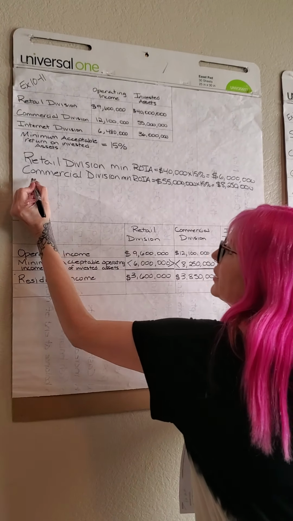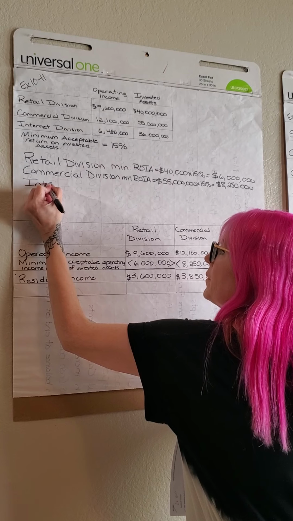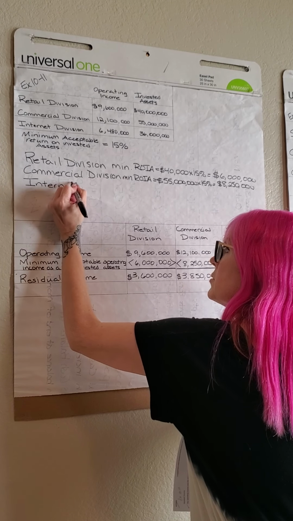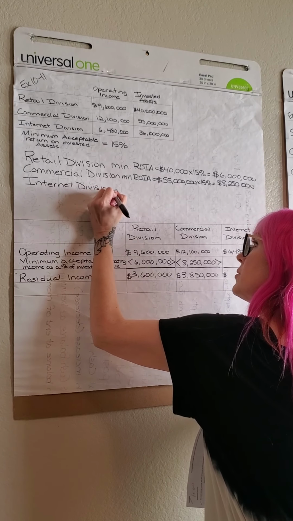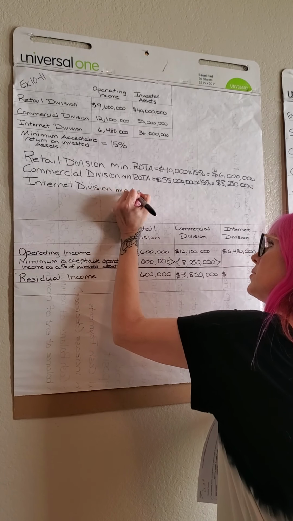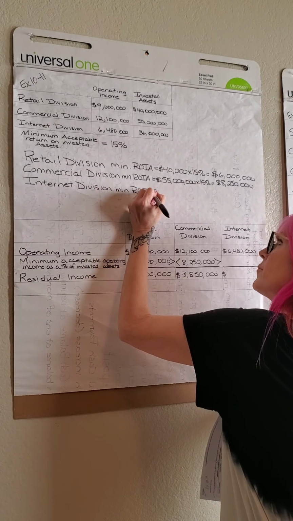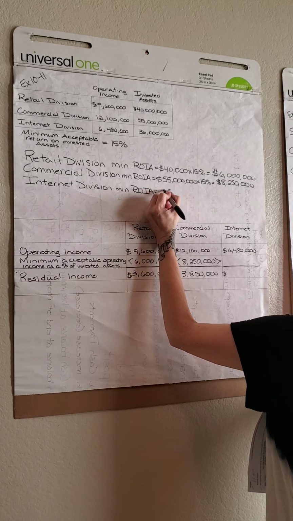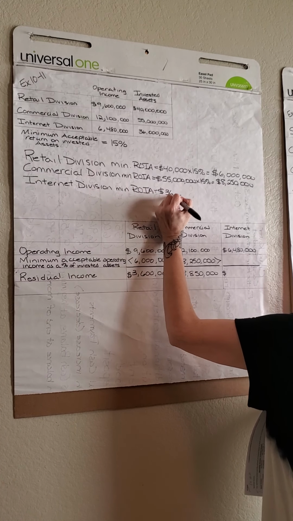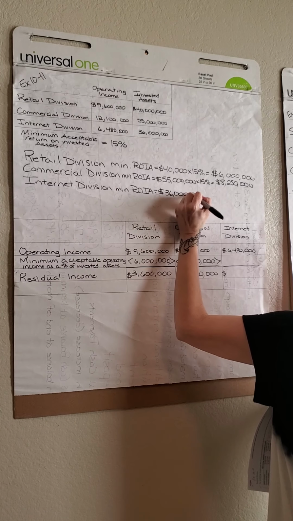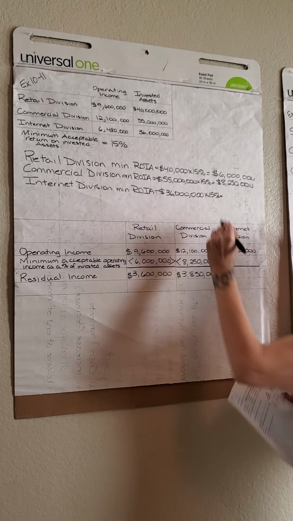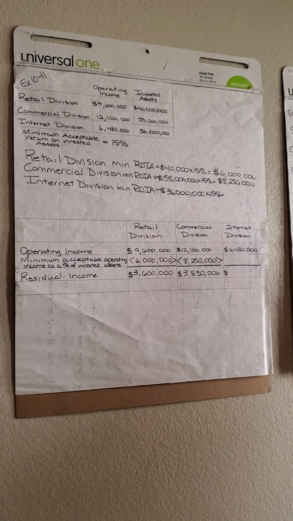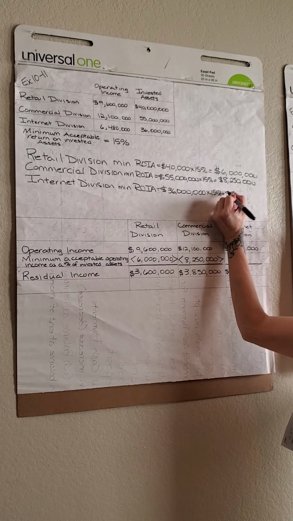And finally, we have the internet division. And that is going to be 36 million of invested assets times that 15%, and that's going to equal a total of $5,400,000.